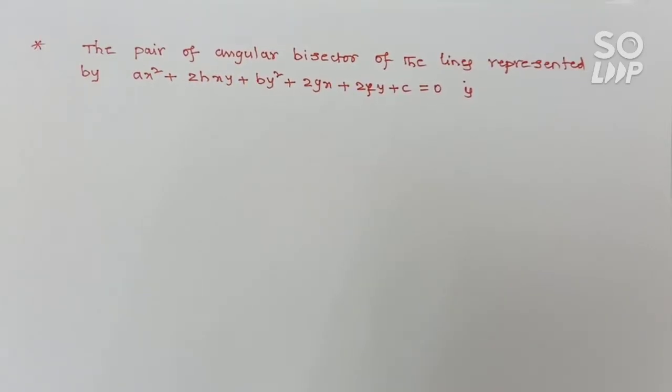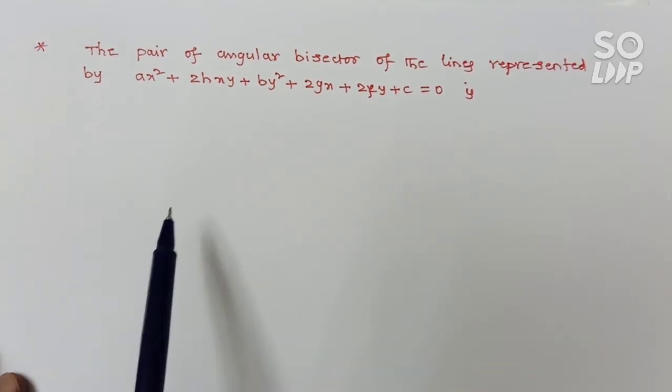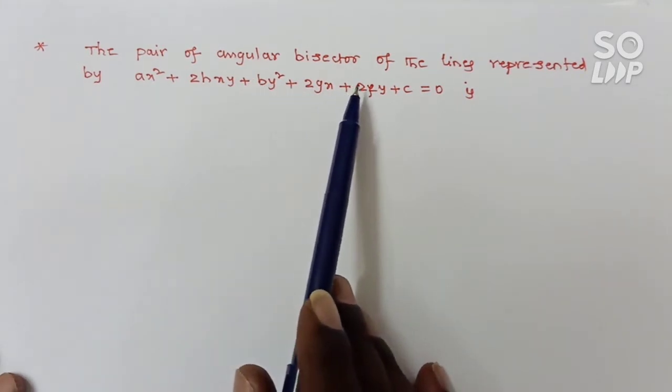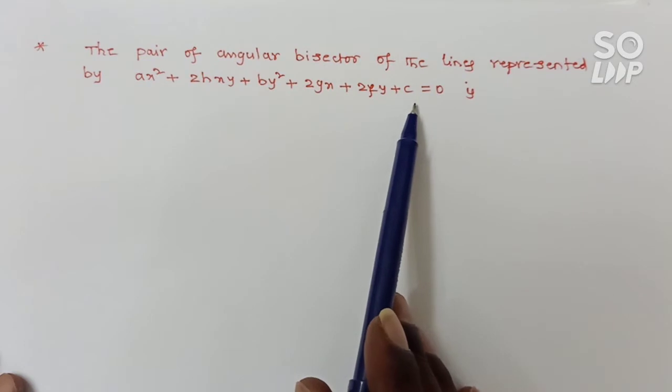Okay students, in this video we are going to discuss a new concept related to the angular bisector of the lines represented by a non-homogeneous equation.